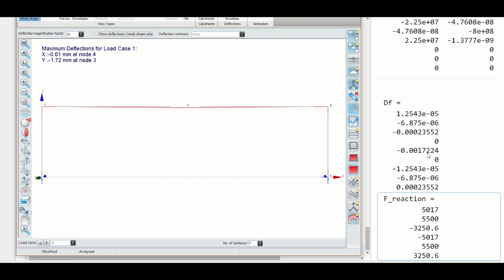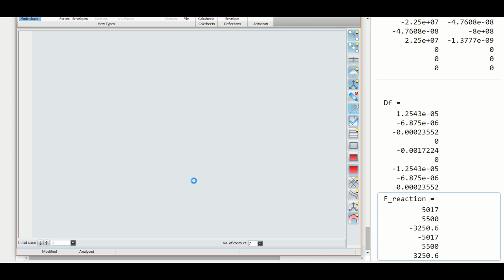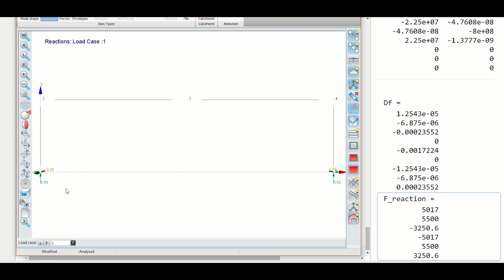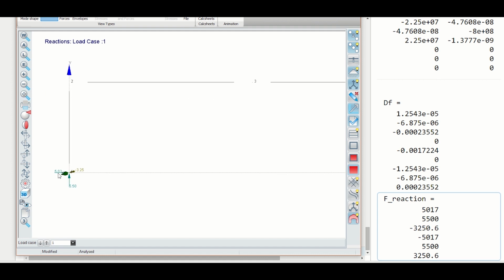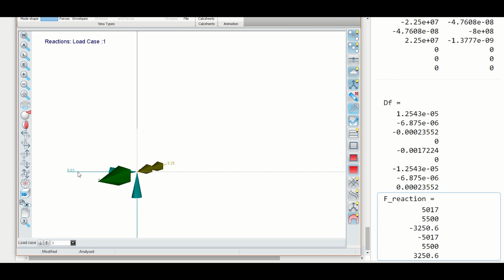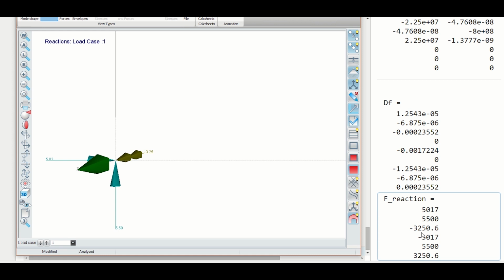And for the reaction force, 5.50. Okay, these are all good. And your x-directional reaction force is 502, and then we got 5017, so close enough. And the reaction moments are also the same.